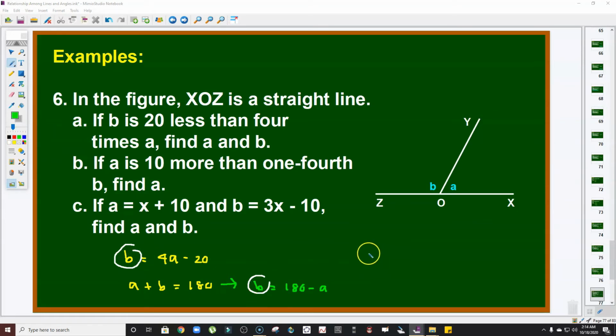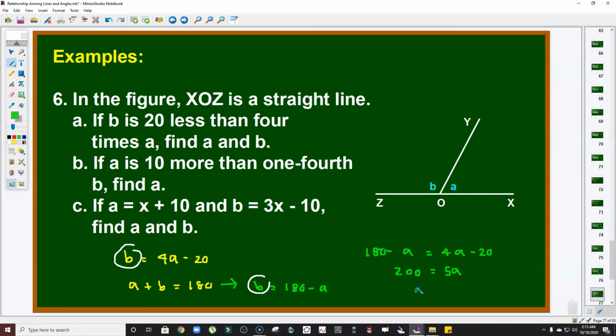Okay, dito ko na lang ilalagay. So, instead of B, I'm going to have 180 minus A, that's equal to 4A minus 20. See that? Then, combine like terms. So, I'm going to have negative A, transpose ko sa kabila, magiging positive, kaya magiging 5A. Then yung negative 20, transpose ko sa kabila, 180 plus 20, that will be 200.